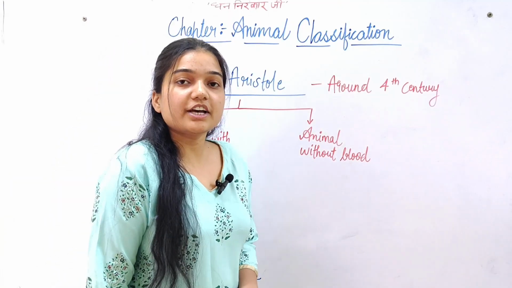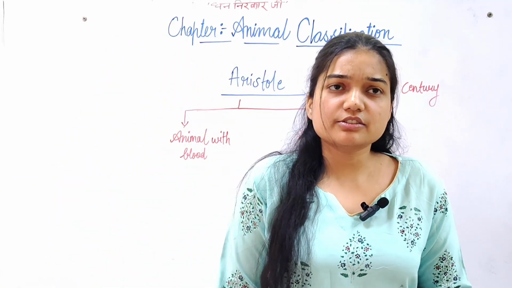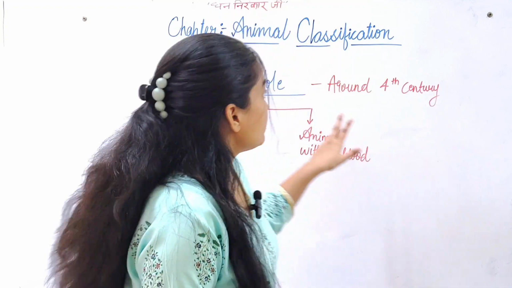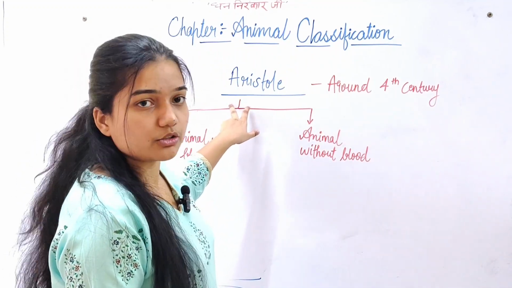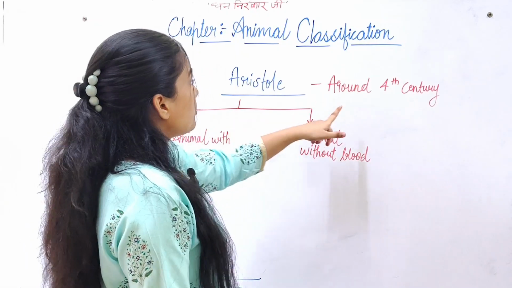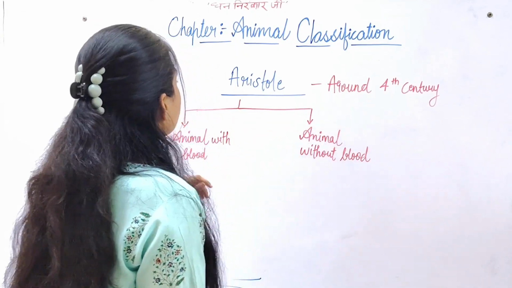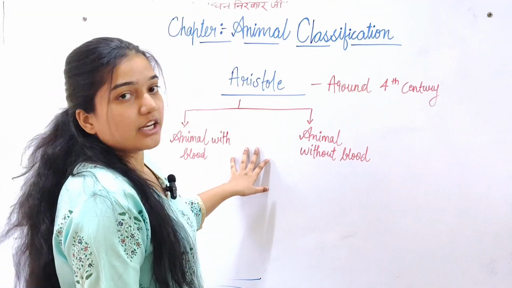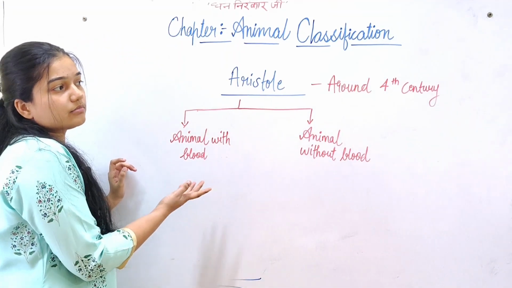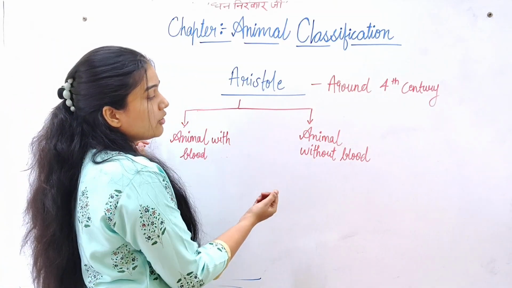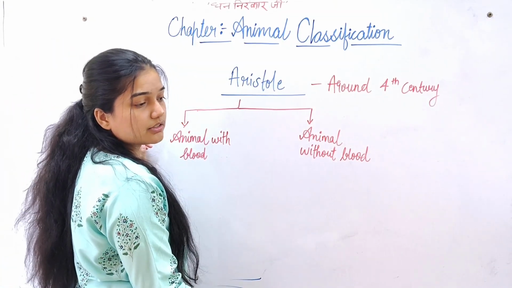The idea of animal classification started with Aristotle, a Greek philosopher around the 4th century. He classified animals in two ways: animals with blood, which we can say vertebrates, and animals without blood, which we can say invertebrates.